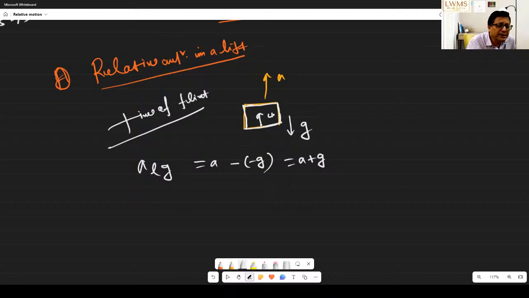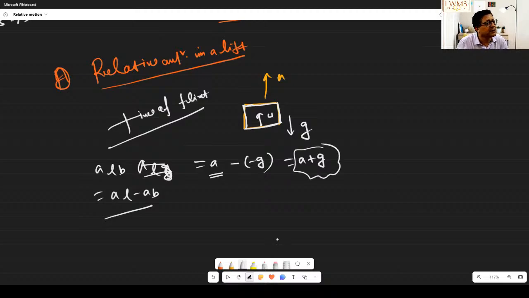When you write, you will understand better: A of lift with respect to the ball. Ball is thrown upward. You write A_LB. A_LB is A_L minus A_B. What is A_B? Minus g, because g is vertically downward. So acceleration will be a plus g. Clear?